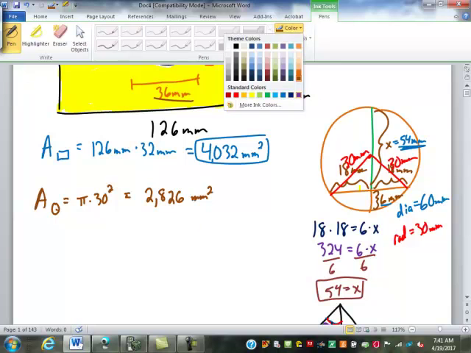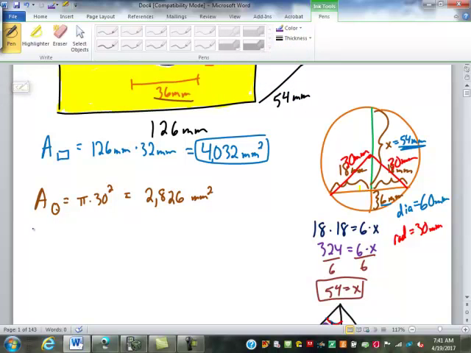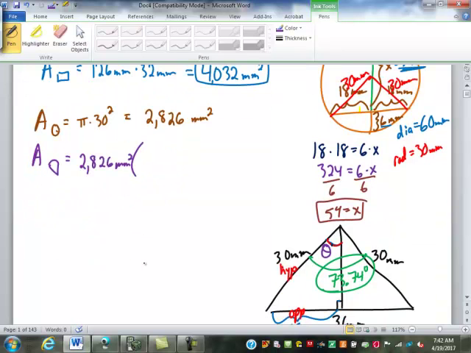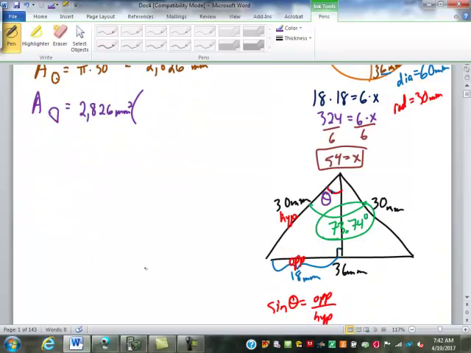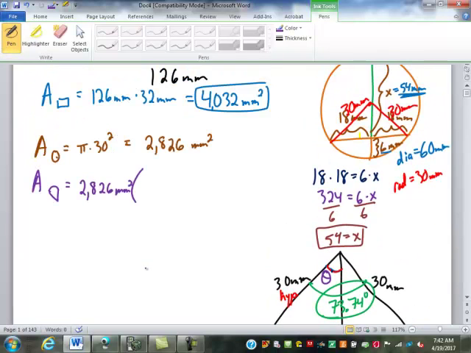Then we find the area of that sector, which is the area of the whole circle, 2,826, times that central angle that we found of 73.74 degrees over 360.